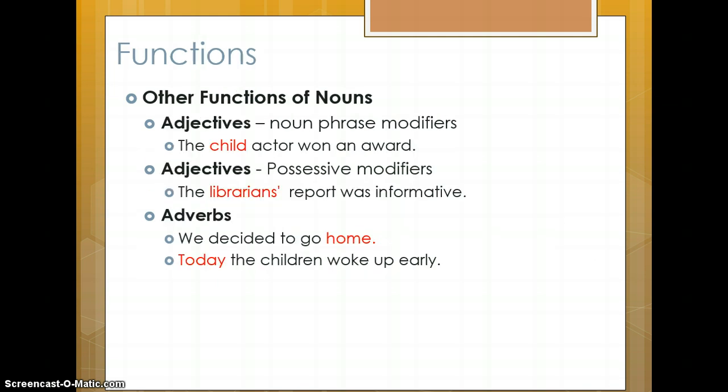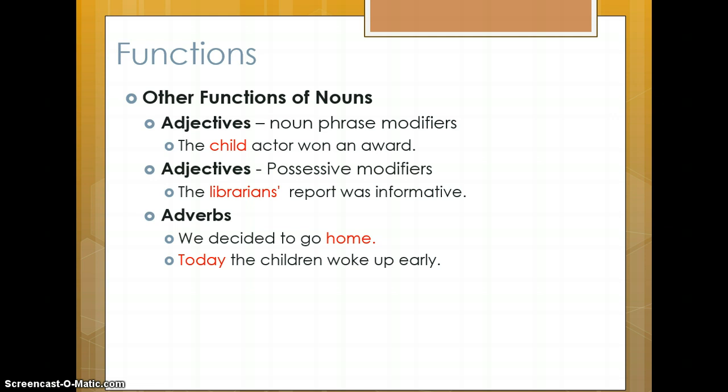Last slide for this video. Other functions of nouns. Nouns do all of those things that we just talked about, but they also do a couple more things. Nouns can function as adjectives. So the child actor. In that case, child is functioning as an adjective because it's modifying actor. It's giving us more information about the actor. It seems like a noun.